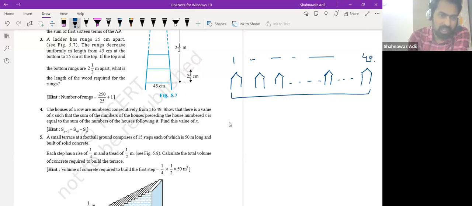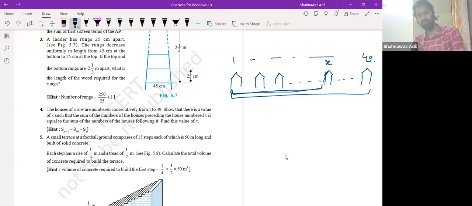Show that there is a value of x such that the sum of the numbers of the houses preceding the house numbered x, so let's say this is the x house, is equal to the sum of the numbers of the houses following it. So what would be the number of the houses preceding this house?